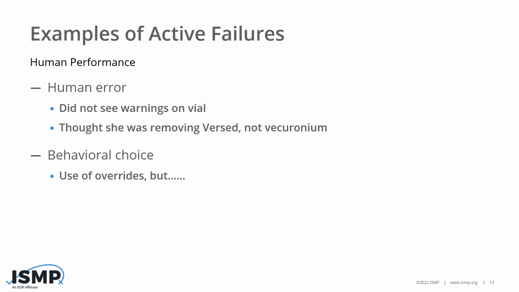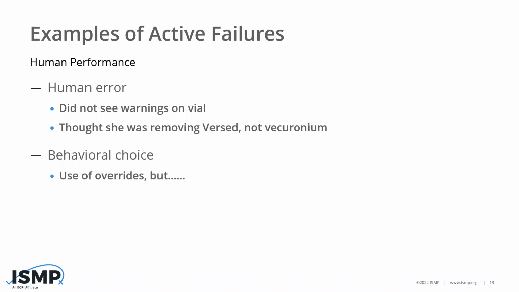Classic example of that. She thought she was removing Versed, or midazolam. And you think about this: the minute that drug name appeared on the screen, she accepted that drug, her mind made the conclusion that we're done.